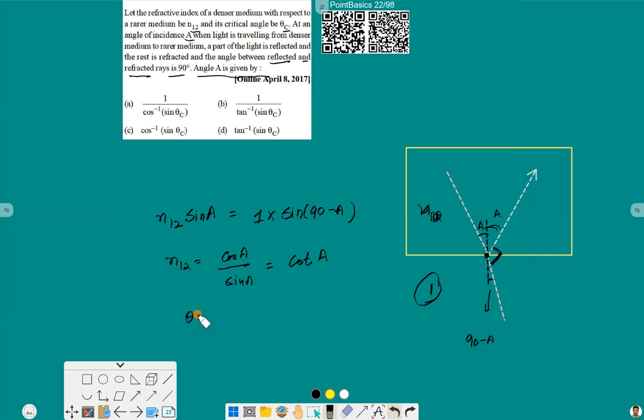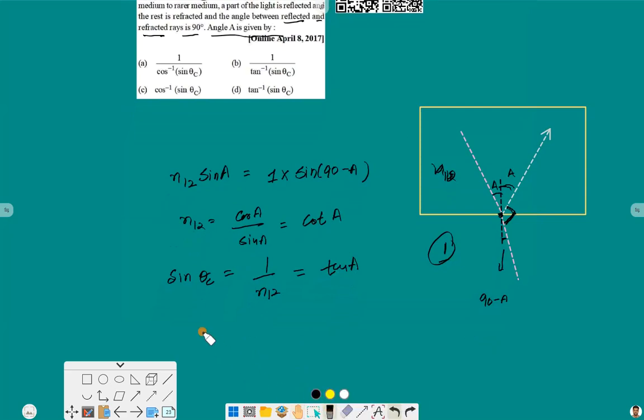For the critical angle we know that sine of theta c is equal to 1 by refractive index, and here 1 by N12 will be equal to 1 by cot A, that will be tangent of A. If we adjust it slightly, then theta c will be equal to sine inverse tangent of A. Okay, so we have to find the value of A. So the value of A will be tangent inverse sine of theta c. So that will match with option D here.